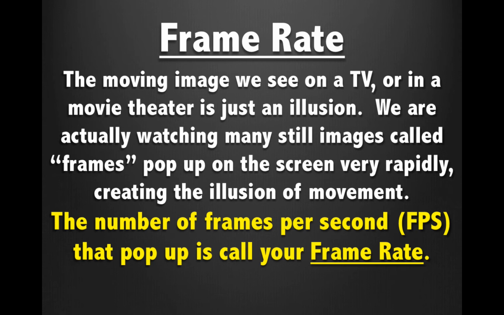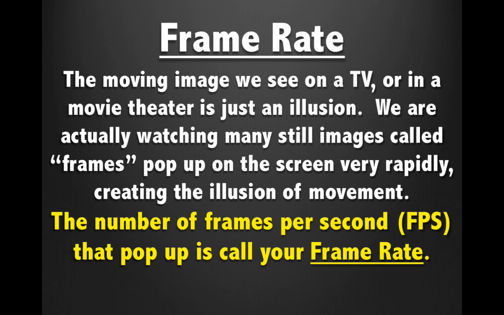Frame rate. Okay, frame rate is about the fact that the moving image that we see on TV or in a movie theater is just an illusion. There is no such thing as an actual moving image. We are actually watching many, many still images called frames that pop on the screen very rapidly, creating the illusion of movement.